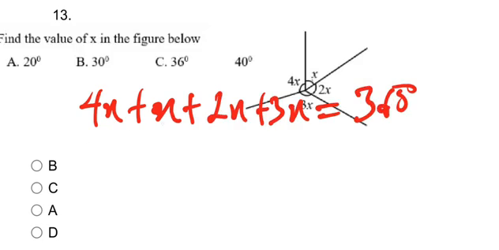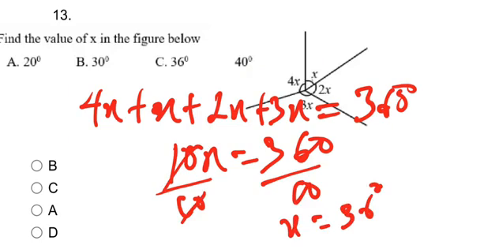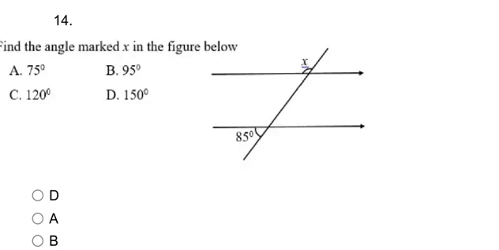So 4x plus x is 5x, plus 2x is 7x, plus 3x is 10x. That is 10x equals 360. Divide both sides by 10. Therefore, x equals 36 degrees, and that is option C here. So that is clear. Okay, next question.